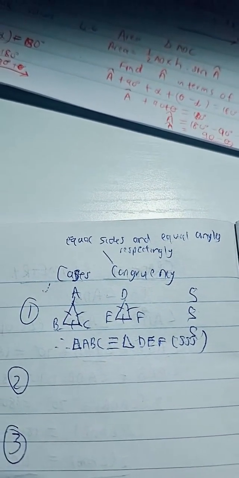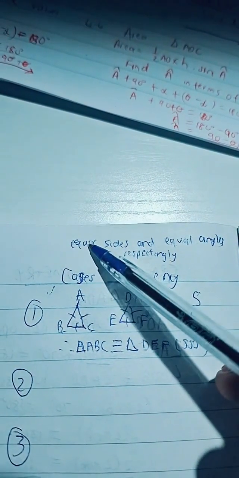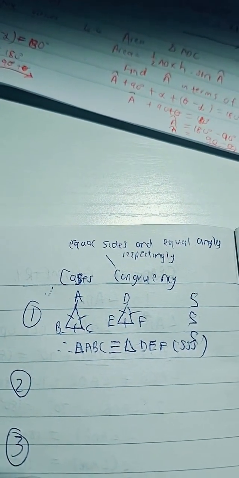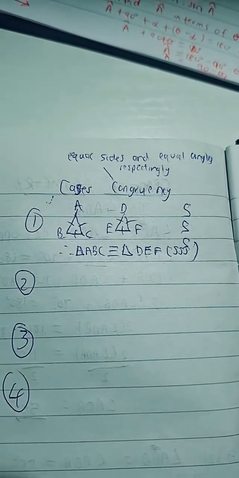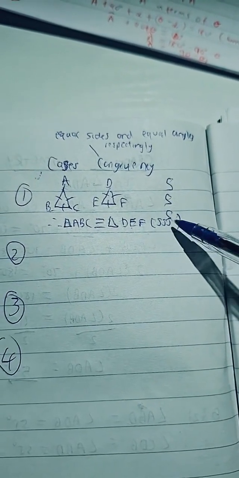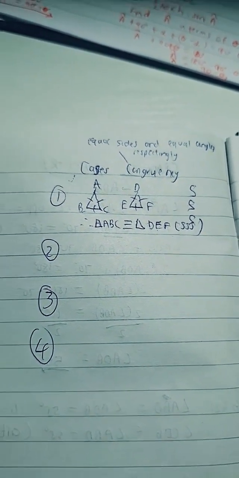They are exactly the same. You are talking about the same thing. Because the minute you have things that are equal in side and equal in angle, those two things are congruent. So the word congruency has to do with that. One of the cases is side, side, side, that you can utilize to prove congruency.